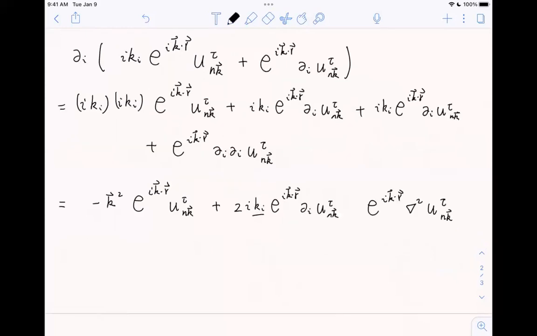You have the I and this one, so you'll be K dot gradient. So you have 2I K dot gradient.